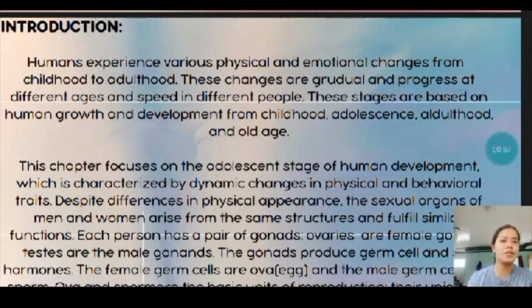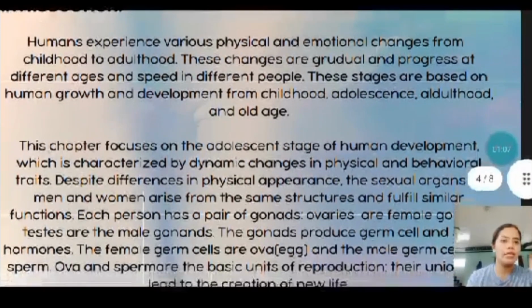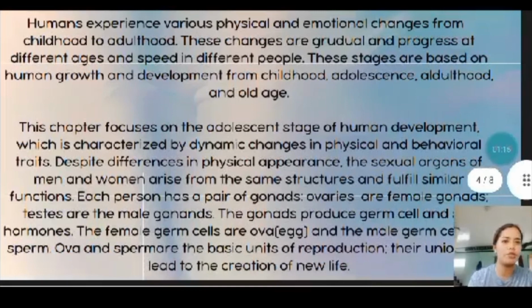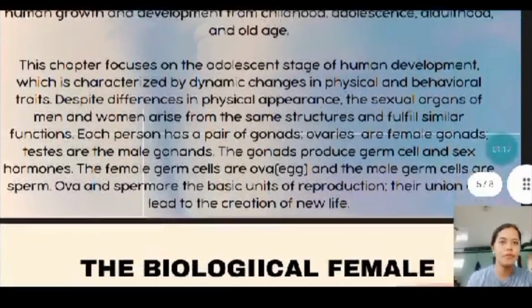Introduction. Humans experience various physical and emotional changes from childhood to adulthood. These changes are gradual and progress at different ages and speed in different people. These stages are based on human growth and development: childhood, adolescence, adulthood, and old age.